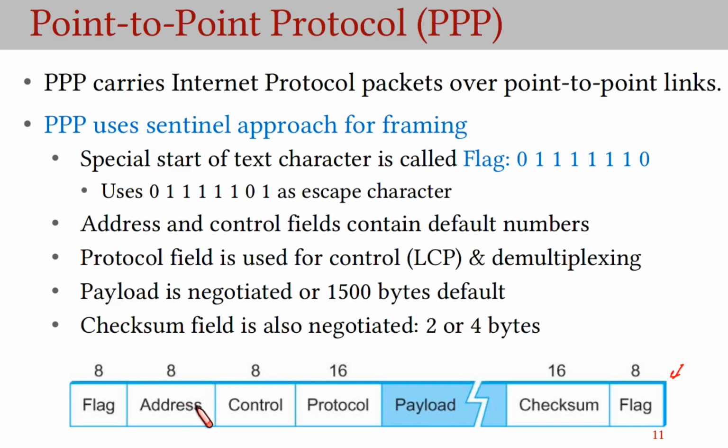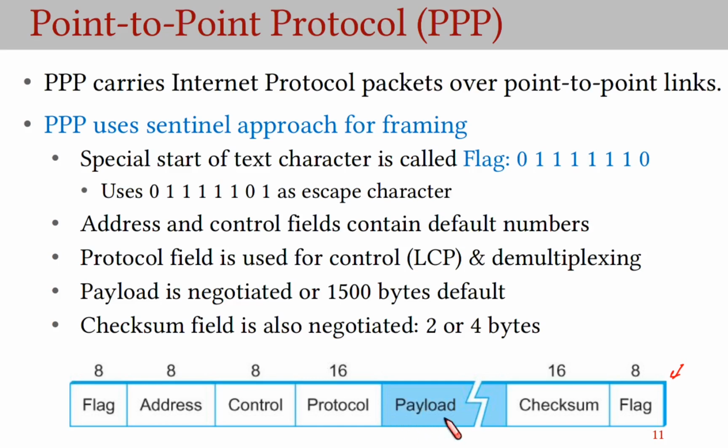These address and control fields contain default numbers, so they are not really interesting. This protocol field is used for demultiplexing as well as to send control messages, which we'll see in just a bit, called link control protocol.